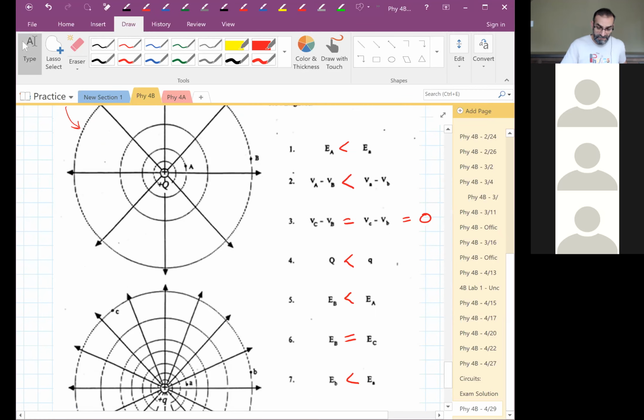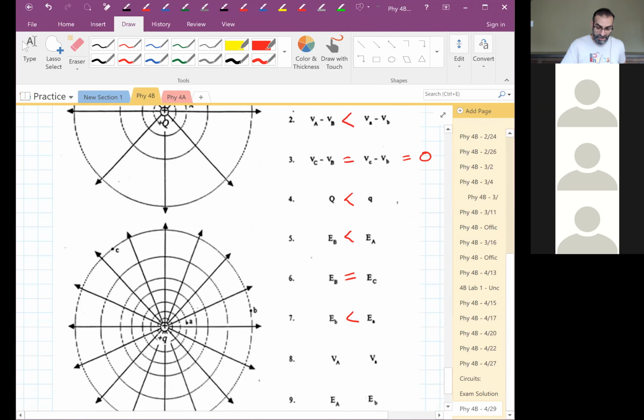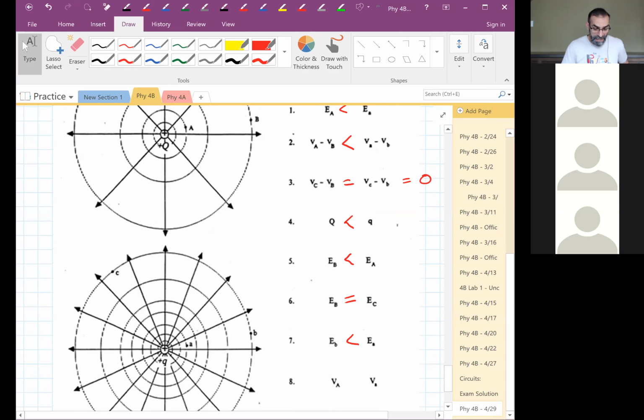Good. What do we have? A couple more at the end. The potential at capital A versus the potential at lowercase a. The potential here versus the potential here.